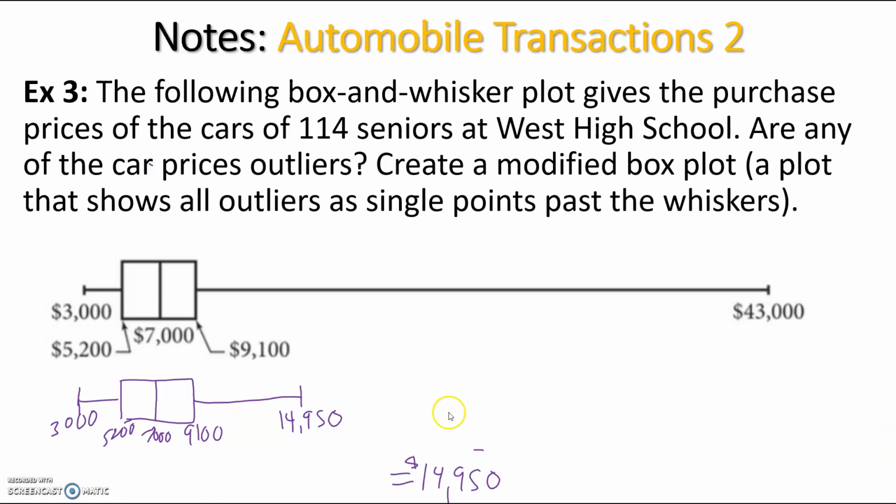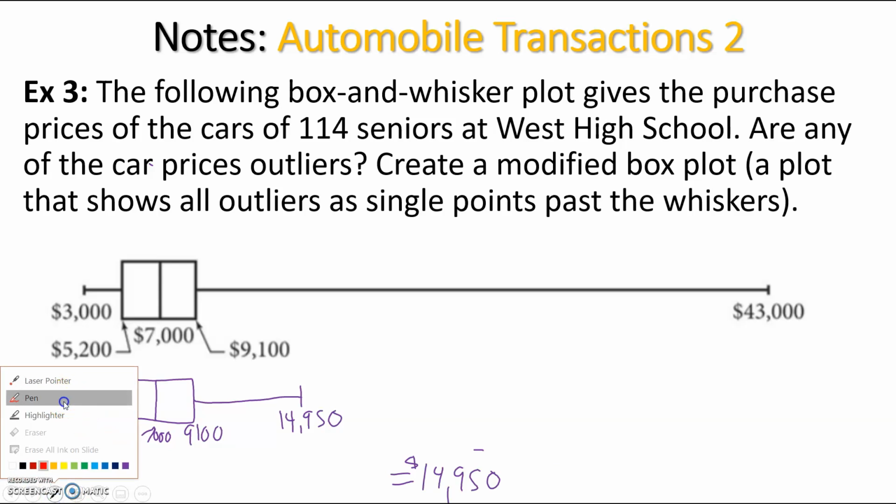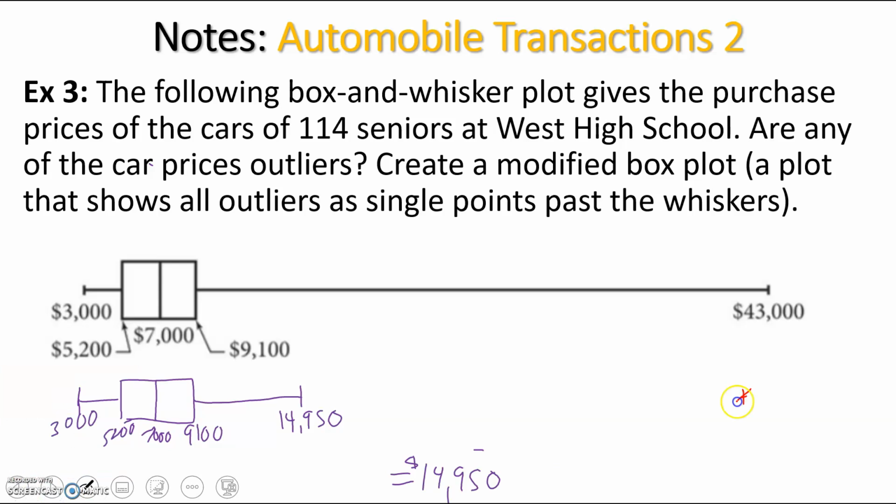So we're going to go all the way across to where the $43,000 car was, and we're going to draw a little mark. Just put a little asterisk here. And I think I want to use the same color that I had before. So we have this down here, exact same location, 43,000.